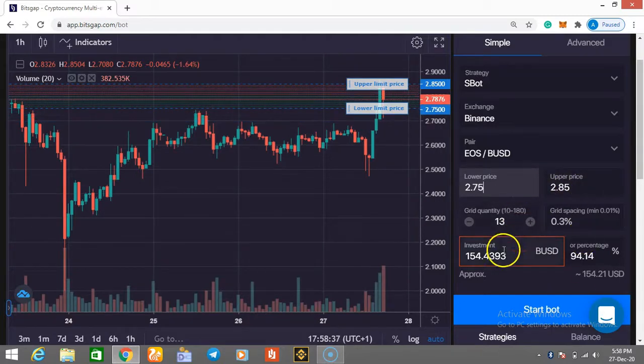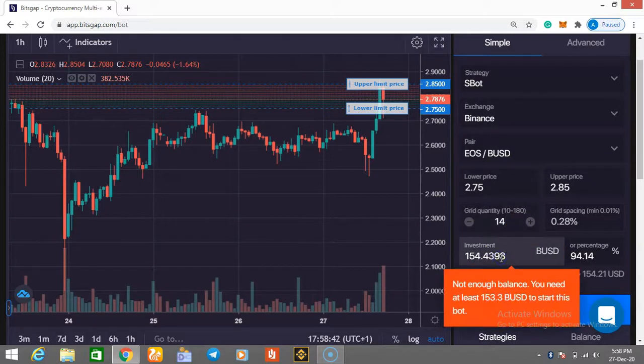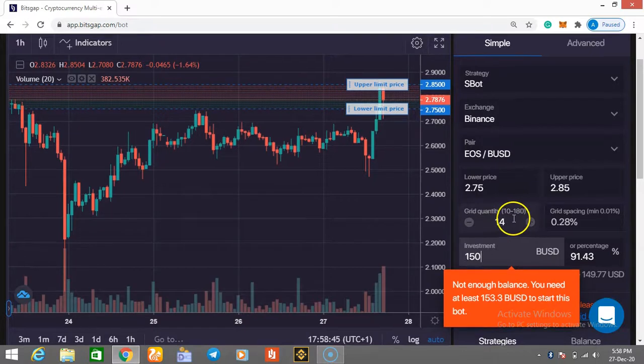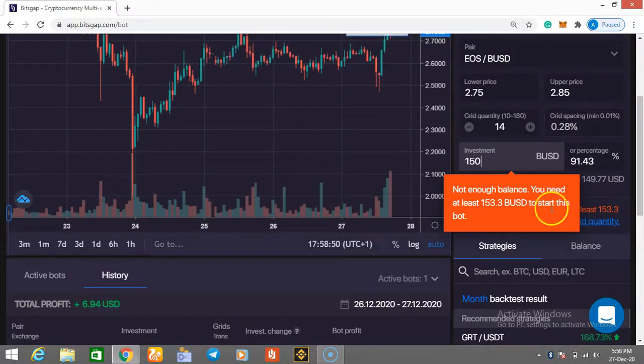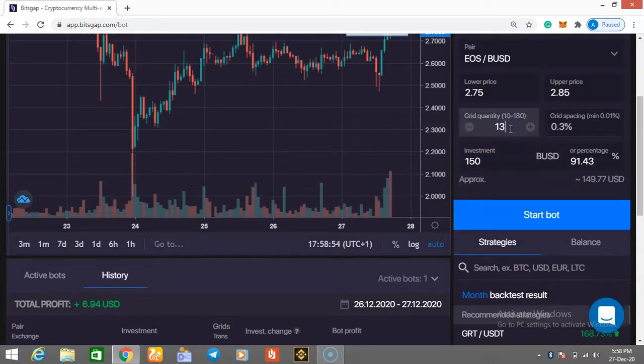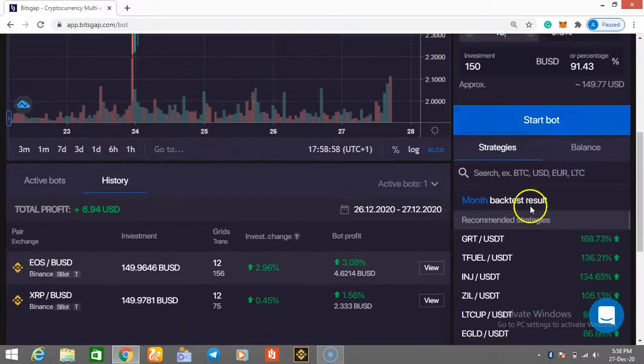That's 0.3, so I can increase it to 14, and make it 150 again. This is the minimum that is required to launch the bots. So I'm going to reduce this to 30%, and start the bots right now.